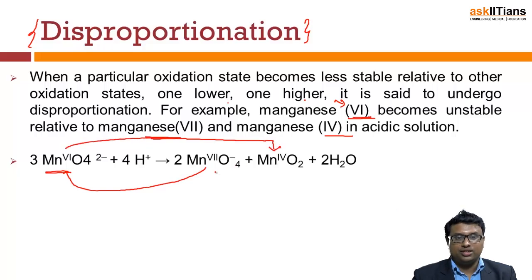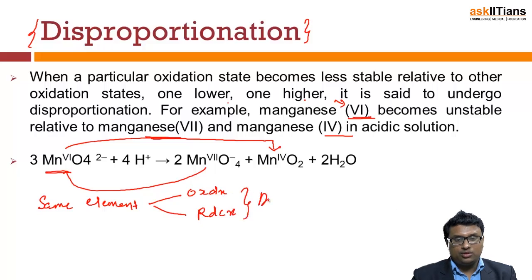This is disproportionation. I can also say that if the same element undergoes oxidation and reduction, this property is called disproportionation. You can see here that manganese in the +6 oxidation state oxidizes to +7 and reduces to +4.